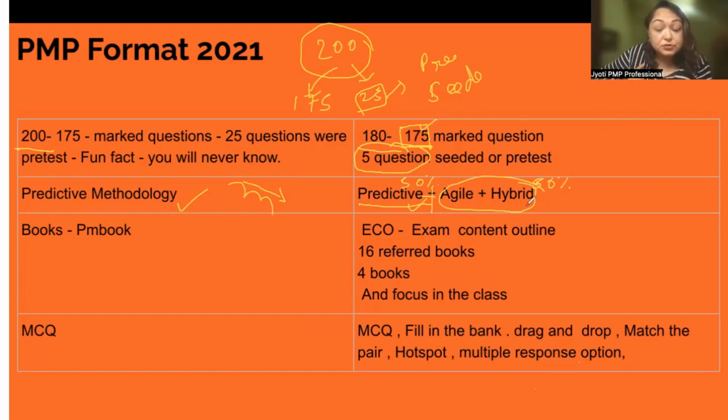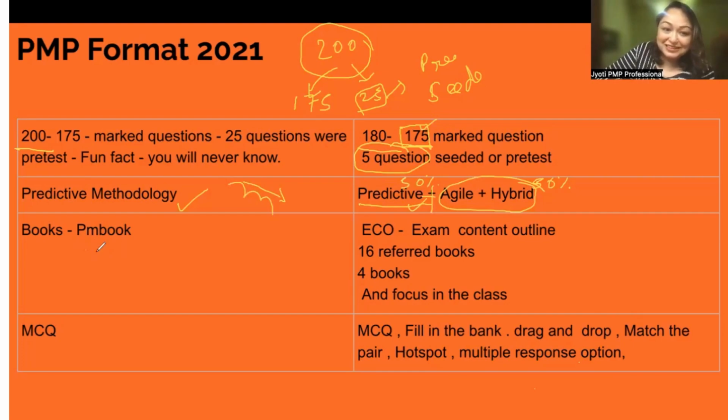This is very important to understand because whatever you read, whether quality, cost, time, or budget, you have to understand it according to both approaches. If you try to read it according to only predictive, it will be really difficult to understand contracts and procurement. Everything you have to understand according to all 3 methodologies. Whatever you are reading, you have to think from both perspectives.